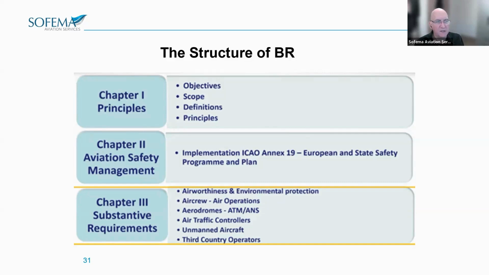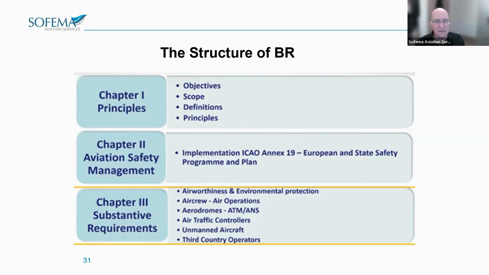Chapter 2, Aviation Safety Management, stems from ICAO's Annex 19 requirements, and this is the European and state safety programs. Each member state shall, in consultation with all the relevant stakeholders, establish and maintain a state safety program, or SSP, for the management of civil aviation safety in relation to the aviation activities under its responsibility.